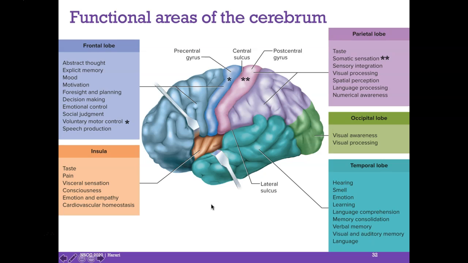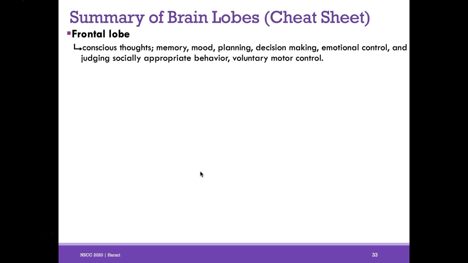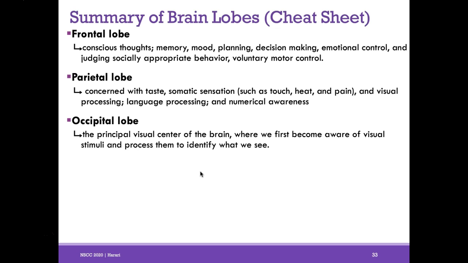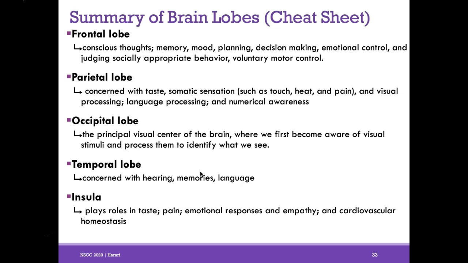That's why it's tricky, because multiple places are involved with perception of senses. So it's a combined effort of the different areas of the cerebrum and how they all connect via the thalamus. So this is a good cheat sheet of what I just said.